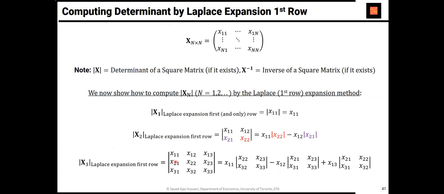What you'll be left with, of course, is these two numbers right here and those two numbers right there. That's exactly what you see over here, right? So plus first element, what's left over, minus second element times the determinant of what's left over, and then of course plus again. So plus, minus, plus. Now your plus x1,3 times the determinant of what's left over, and what's left over, of course, is the determinant of this matrix right here, of these four elements. That's exactly what you see, right?